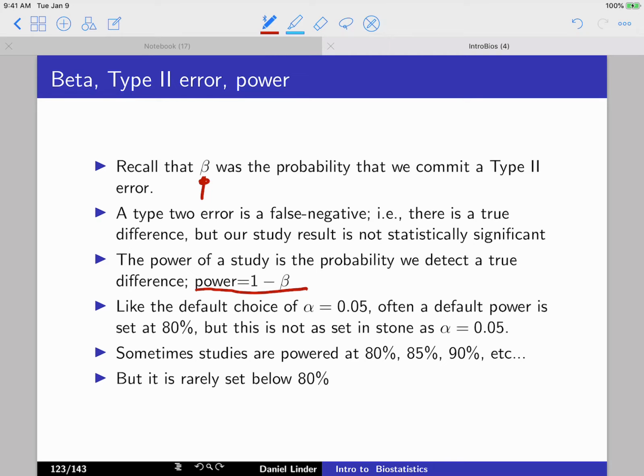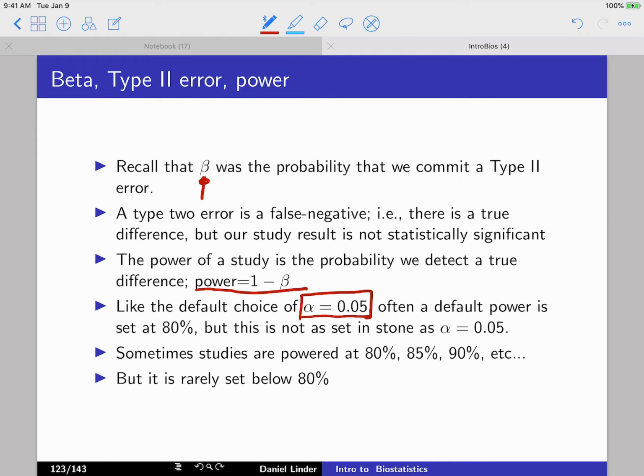If you remember, the default choice in most of your medical literature for alpha is 0.05. Remember, alpha and beta are describing two different things. Alpha is the probability of a type 1 error, so that would mean we're making a false claim that something's going on when it really, in fact, isn't. And we set that from the start to be small because we want to guard against that.